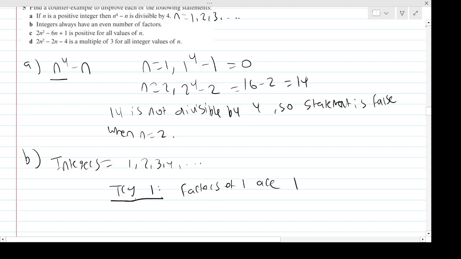Obviously, you don't look into that, but we do have a cut-off point. For this question, I did check the answer, and they do consider positive factors in this case. So the only positive factor is 1. So 1 has an odd number of factors, so the statement is false.